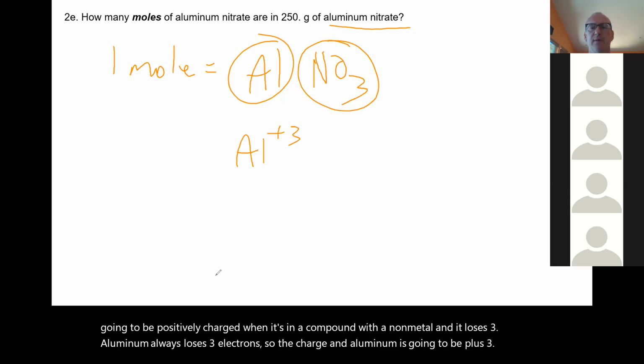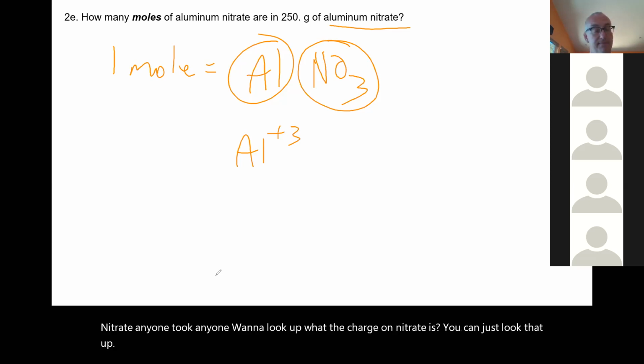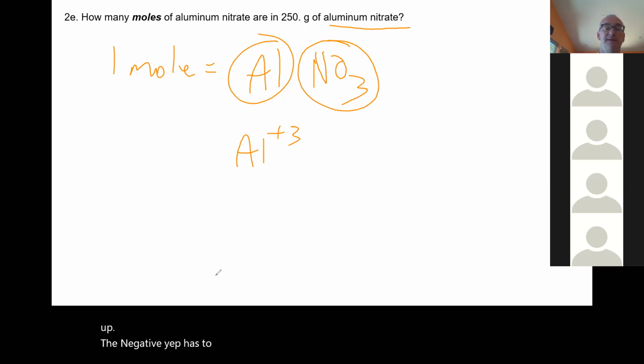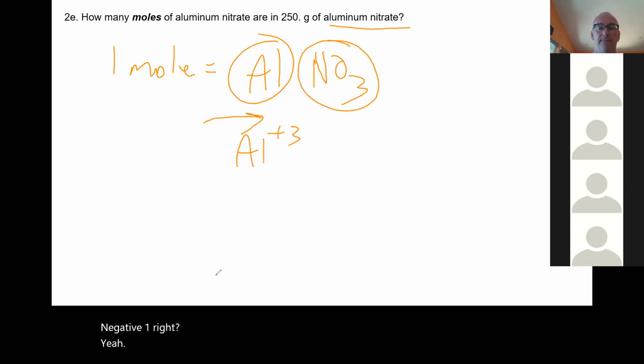Nitrate, anyone want to look up what the charge on nitrate is? You can just look that up. Is it negative? Yep, has to be negative. Since aluminum is positive, nitrate has to be negative because any compound has to be neutral. -1, right? Yeah, nitrate's -1. So the charge on nitrate is -1.